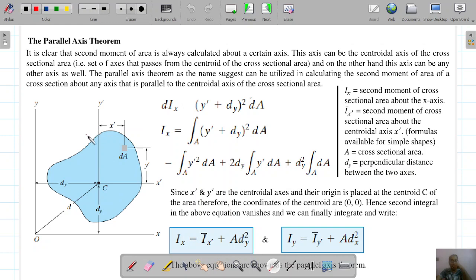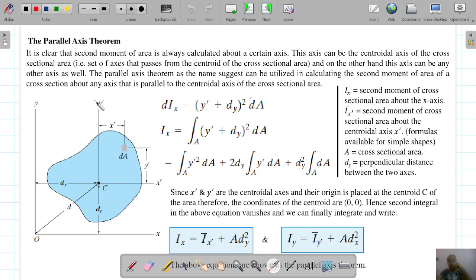This overall A is the cross sectional area in which we have taken a differential area dA. And a very important thing: the distance between the centroidal axis and the axis on which we need to calculate the second moment of area is termed dy when calculating Ix, and the distance between the two axes when calculating the second moment of area about the y axis.